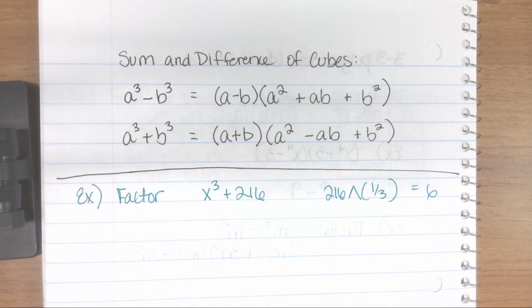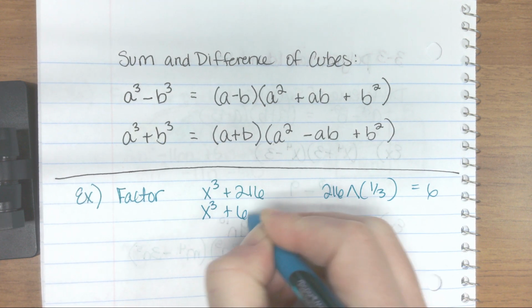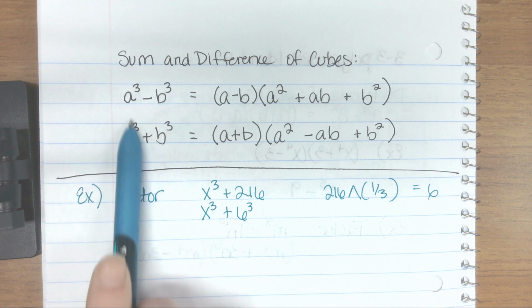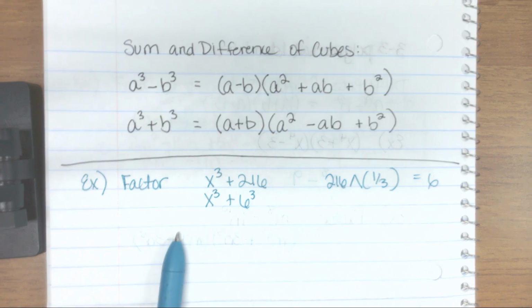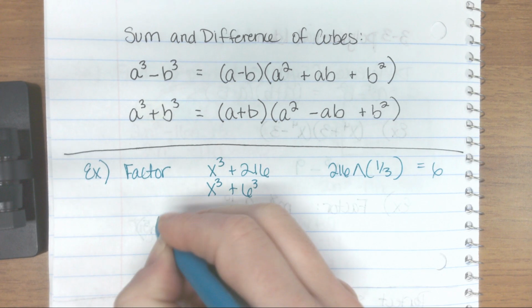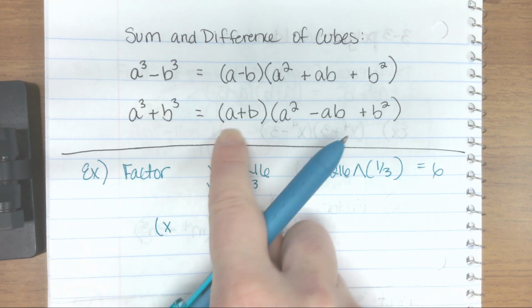Okay. So I'm going to write this as x cubed plus 6 cubed first. Why? Because then I can use this little rule up here. Okay? All right, so what's the first term going to be? It's going to be x, because this is plus, I'm not going to use this one, I'm going to use this one. It's going to be x plus 6.